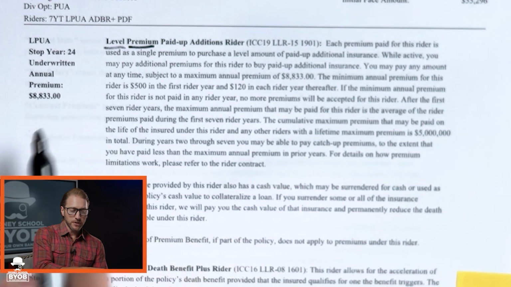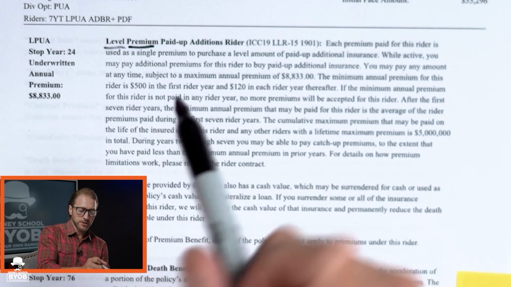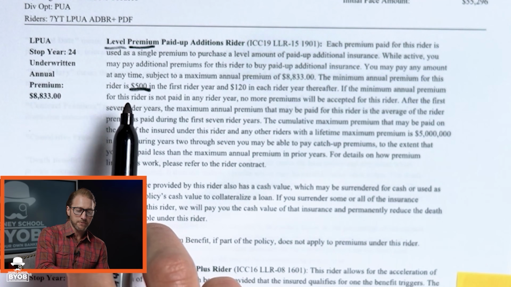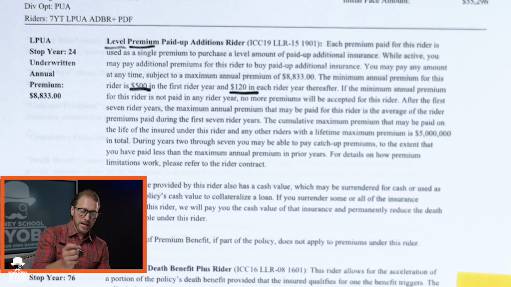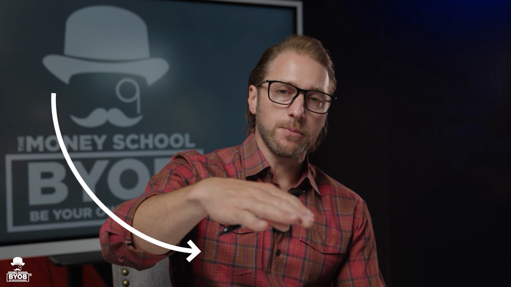Now this particular paragraph also goes through the minimum annual for this. So there is a minimum, and it's $500 in this particular policy. So you've got to at least do $500 a year in the first rider year, and $120 each year thereafter. Now, the 120 is a really important number. Let's just say you built a policy for $12,000, but you wanted to reduce your premium deposit down to the bare minimum. That's fine. You have flexibility to go from the $12,000 down to the minimum and then back up to the $12,000.